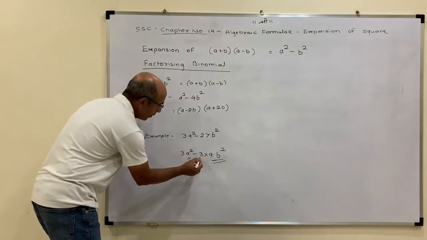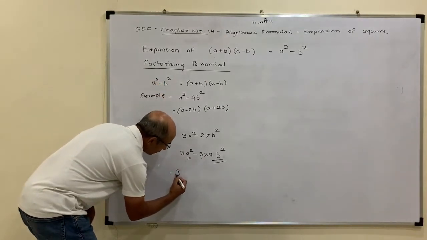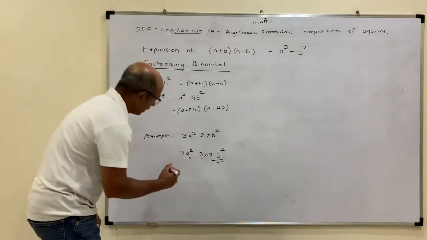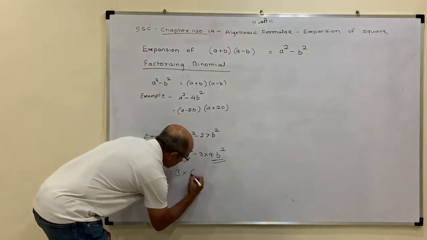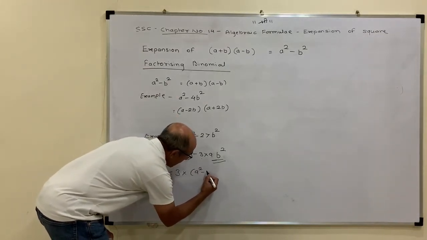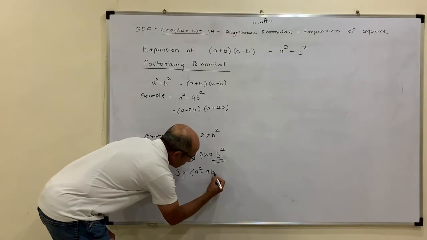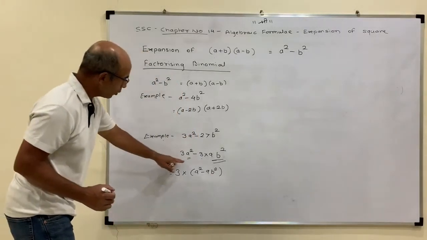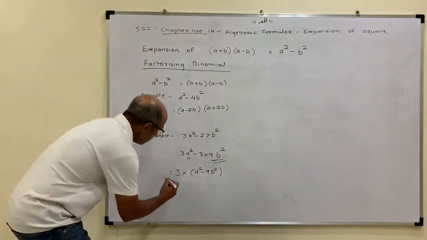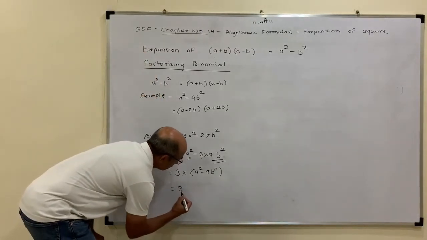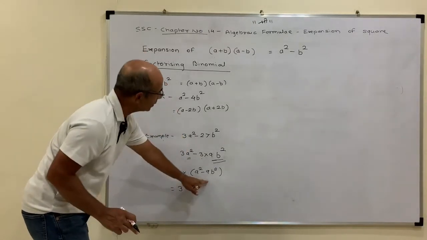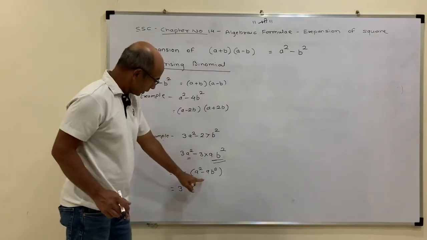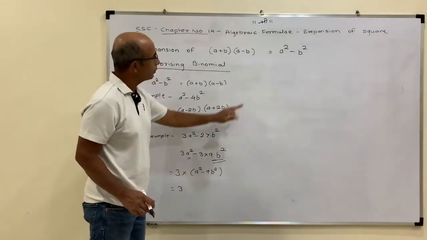So I take common 3 out, and inside the bracket it's a square minus 9b square. I have taken common 3 out. Now I will be using this formula. a square is a perfect square, 9b square is a perfect square.